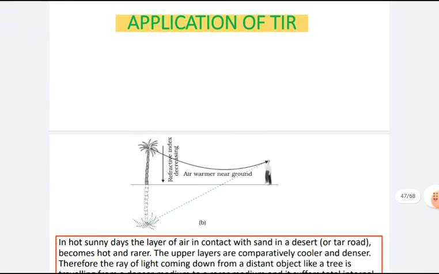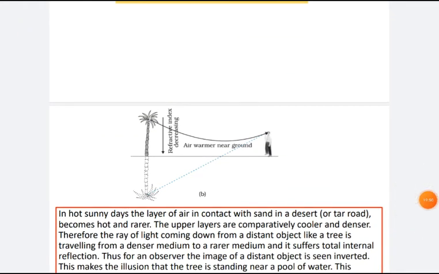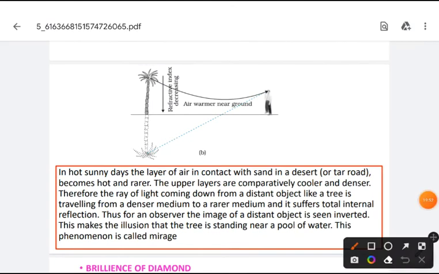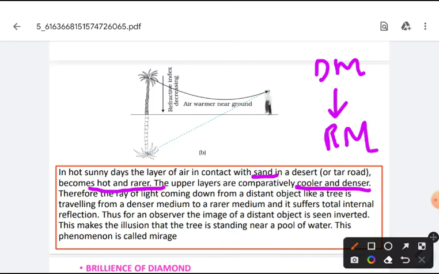Application of TIR, that is the total internal reflection. First one is mirage. On a hot sunny day, the layer of air in contact with sand in the desert becomes hot and rare. The upper side is comparatively cooler and denser. Therefore, the ray of light coming down from a distant object, like a tree, is traveling from denser medium to rarer medium, and it suffers total internal reflection.